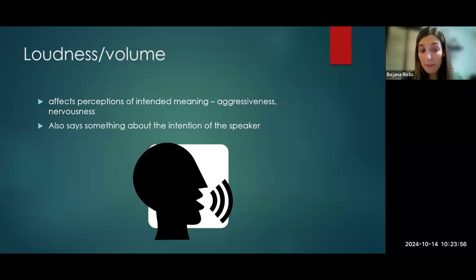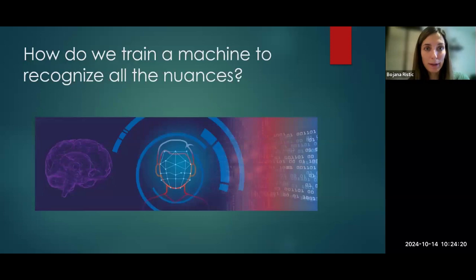And it also says something about the intention of the speaker. Right now, I'm talking loudly. I increased my volume on purpose because I really want you to hear me well. But sometimes when I am not sure about something and I don't really want the other person to understand perfectly what I said, I will just mumble it very quietly, right? So it also tells us something about the intentions of the speaker, right?